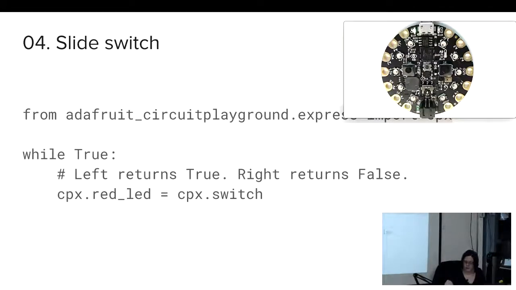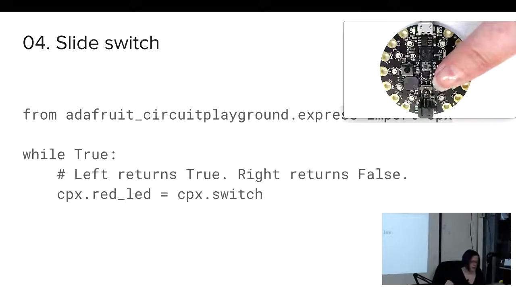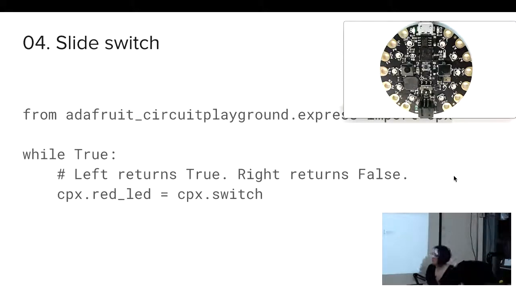So you'll find that there's a switch on the board. It is actually a toggle switch. It is not a power switch. And what this code is saying, and we're getting a little fancy here, because so far we have had something equals true and something equals false, and we separated them out. Now you notice this line says red LED equals switch. What does that mean?